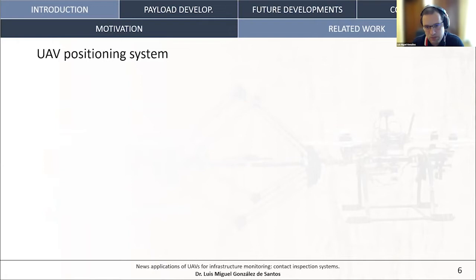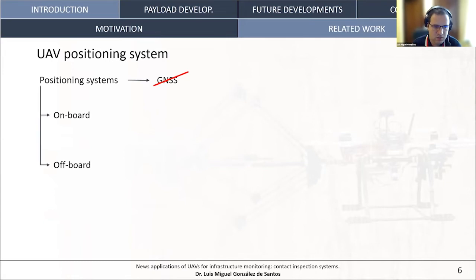Regarding the positioning system used in these vehicles, most of these vehicles use GNSS data to positioning, but it is not reliable for contact inspection tasks since the neighborhood of the structure is a GNSS denied area. There are two main alternatives: positioning systems installed on board the UAV and positioning systems installed off board the UAV.